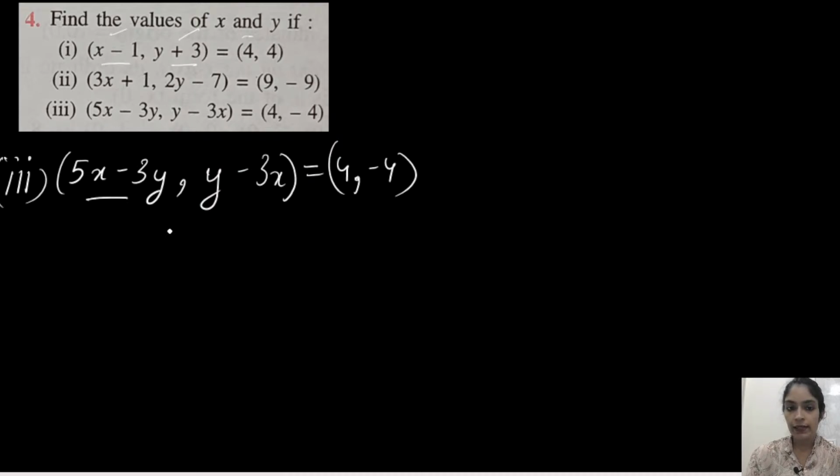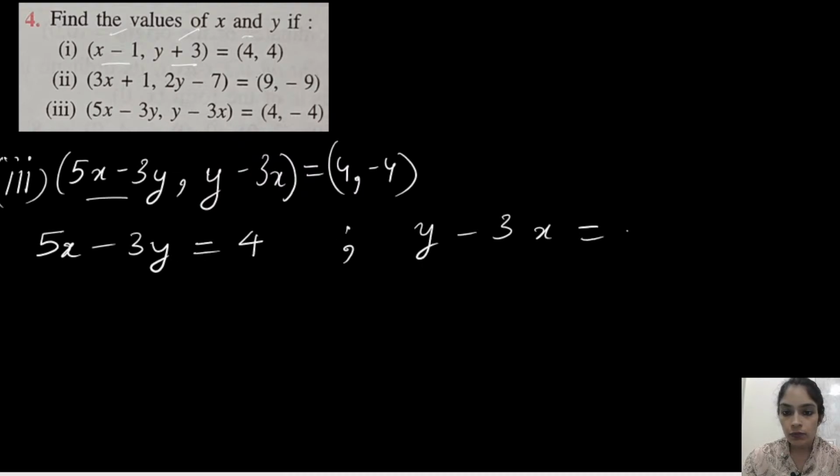The abscissa also has X and Y, and the ordinate also has X and Y here. So I can say 5x minus 3y is equal to 4, and y minus 3x is equal to negative 4.